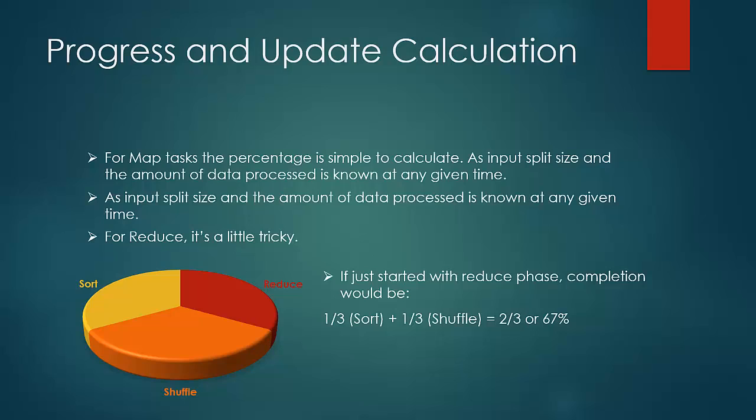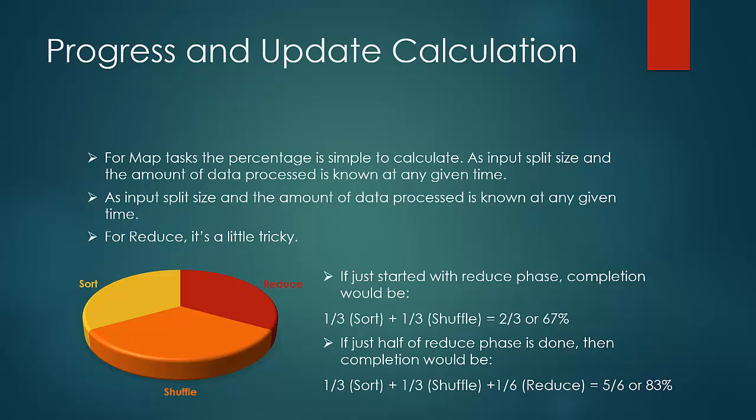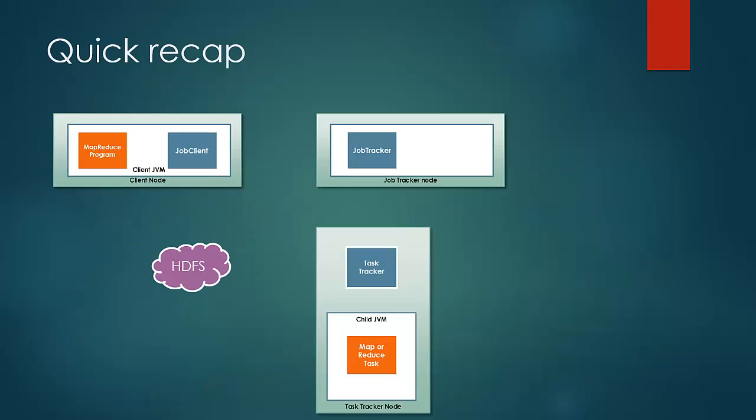If the reducer has processed half its inputs, the completion would be 1/3 contributed by sort plus another 1/3 contributed by shuffle and 1/6 contributed by reduce. It is 1/6 because half of 1/3 is 1/6, and when these all are summed up, it gives 5/6, that is 83%.